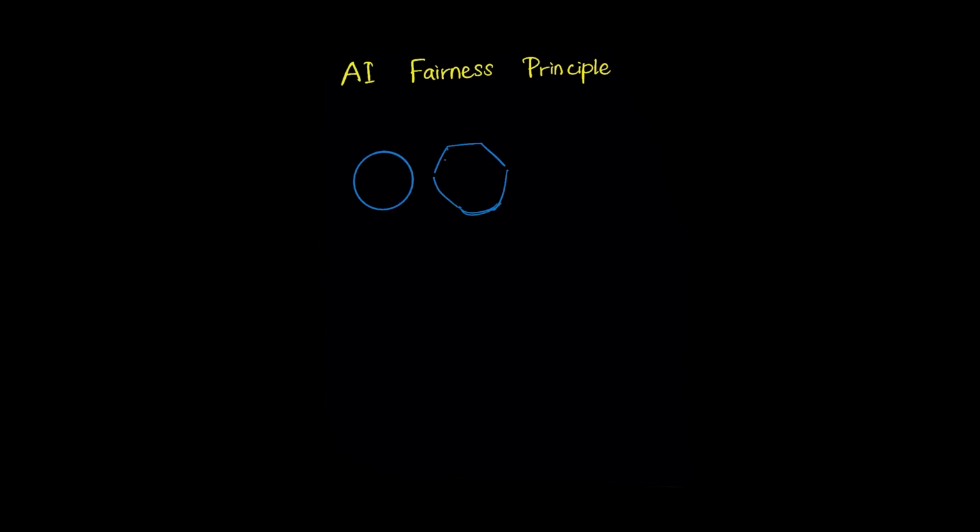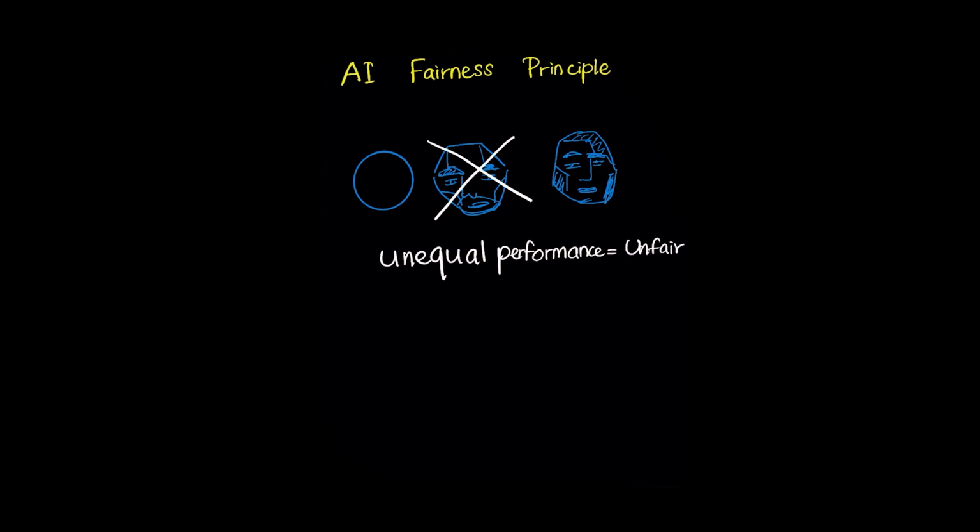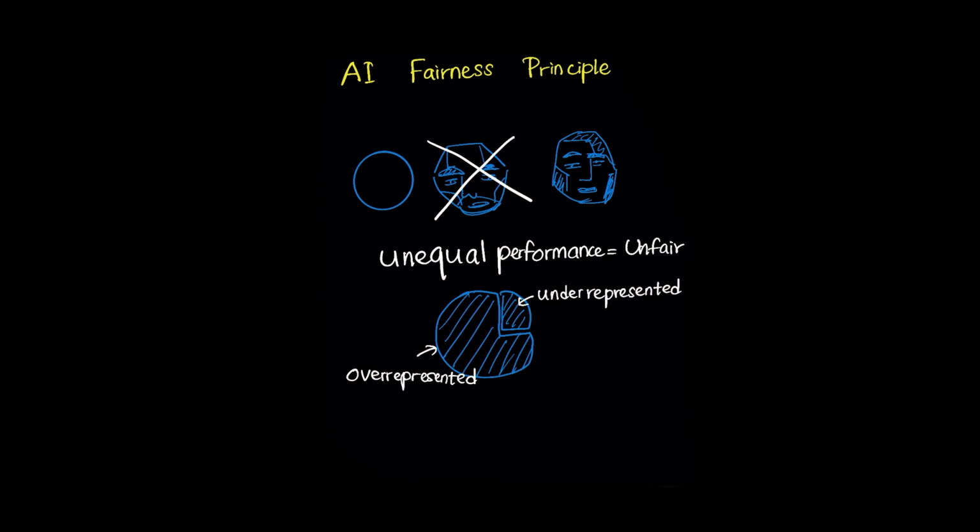When facial recognition performs poorly on certain groups, it violates the fairness principle, creating discriminatory outcomes. This isn't about privacy or transparency, but about equal treatment. The bias emerges from training data that lacks diversity, causing the system to learn features predominantly from overrepresented groups.